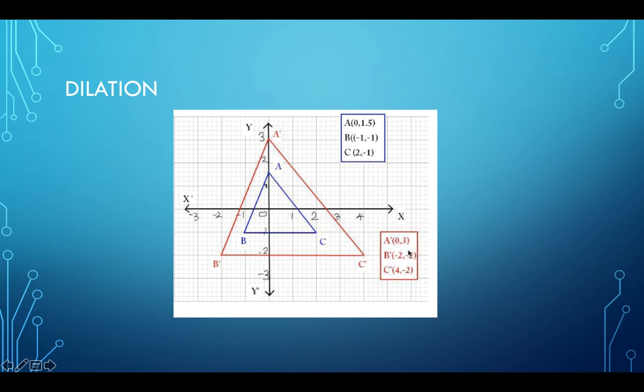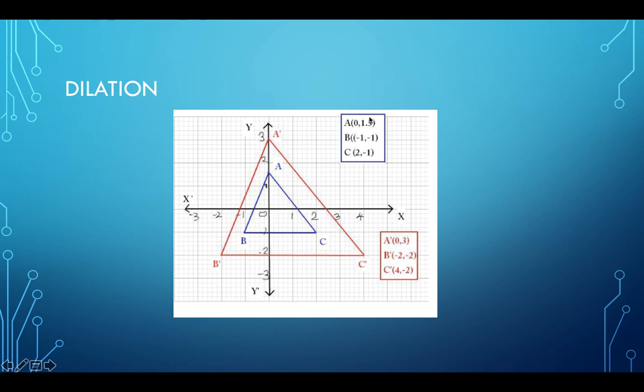So let's see, here are our points. So we have 0, 1.5. So that's our first point. And we are dilating it. From this figure, you can't just tell right away what factor we're dilating it by. But I see that 1.5 is going to 3.